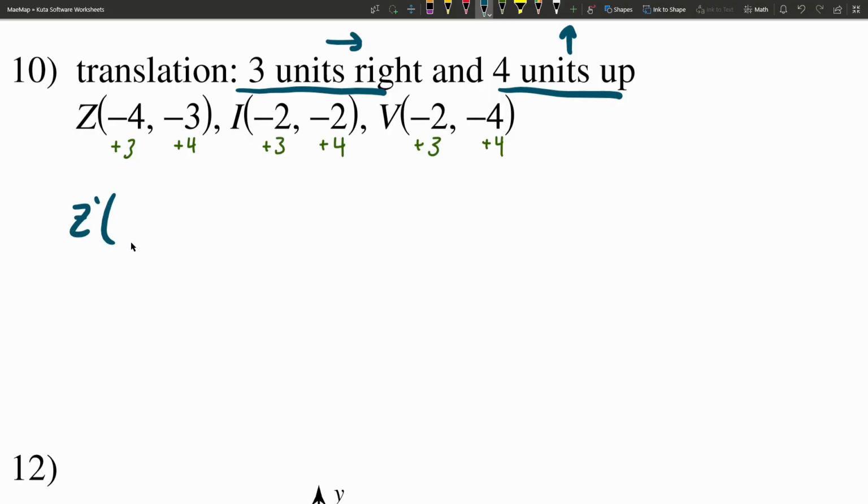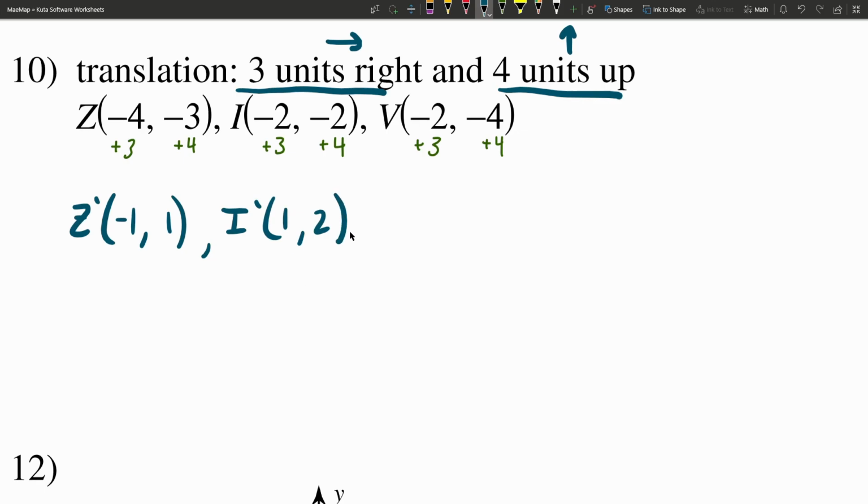Z prime, adding 3 to x, which was -4, is going to give us a -1. Then adding 4 to our -3 is going to give us a +1. So Z prime is at -1, 1. Moving on to I prime, adding 3 in the x gets us to 1, and adding 4 in the y gets us to a +2.